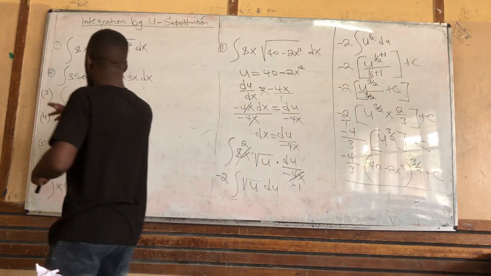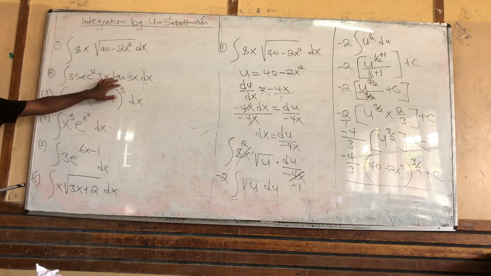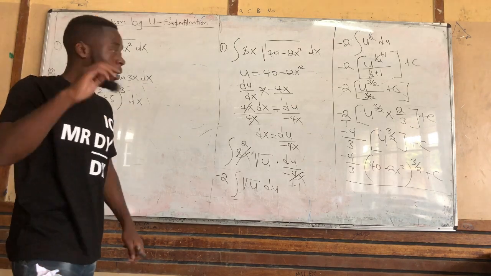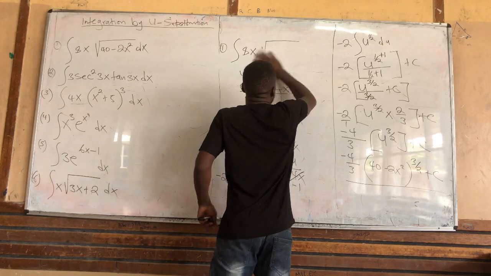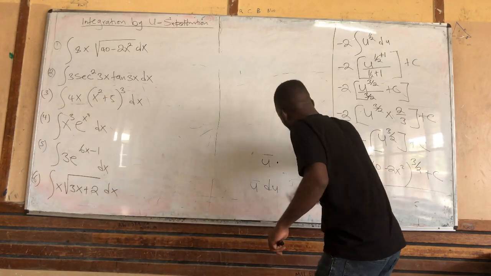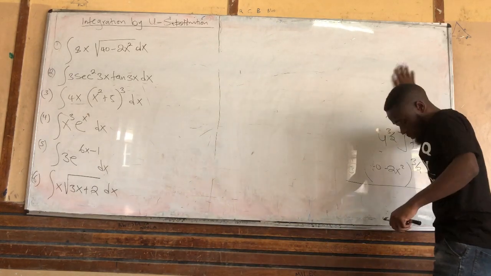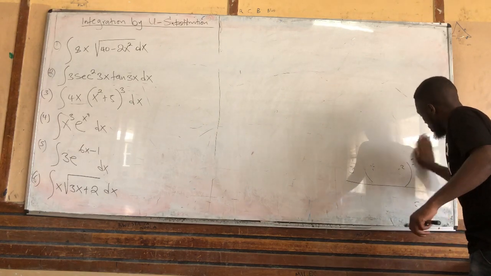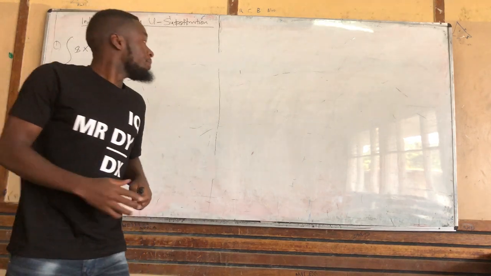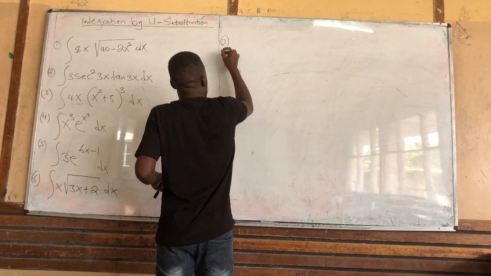Question number 2 here is integral 3 sec squared 3x tan 3x dx. So how do we solve this one here?